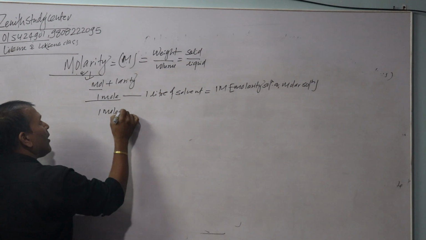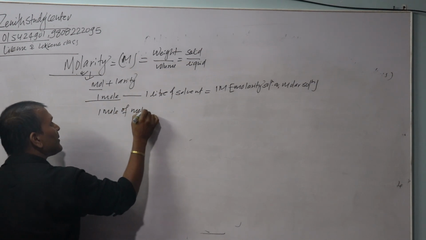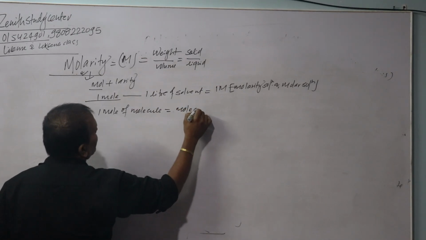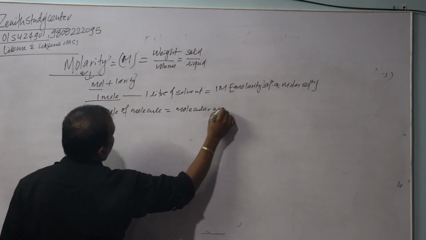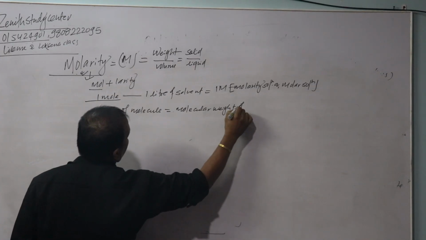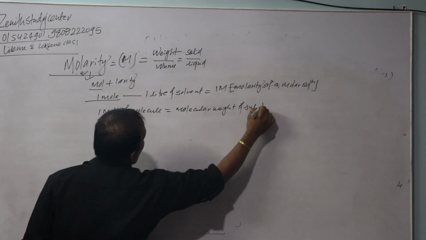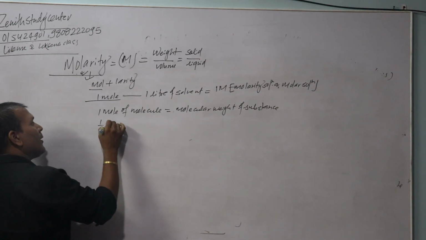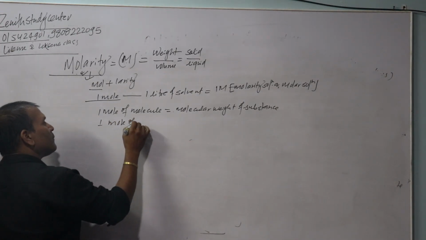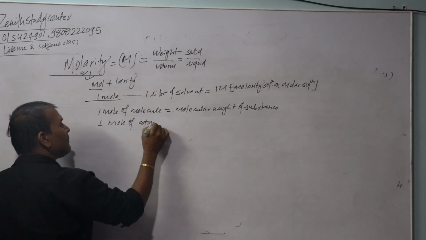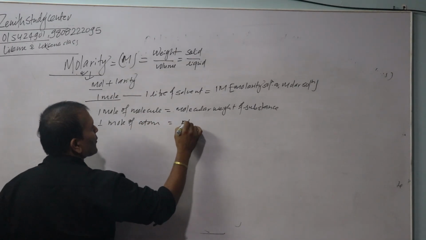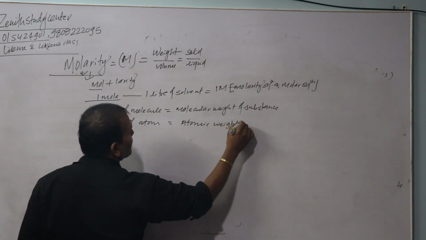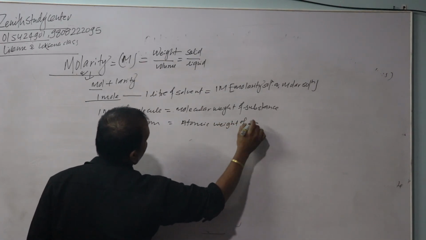1 mole of molecules is equal to the molecular weight of the substance, or 1 mole of atoms means the atomic weight of the substance.